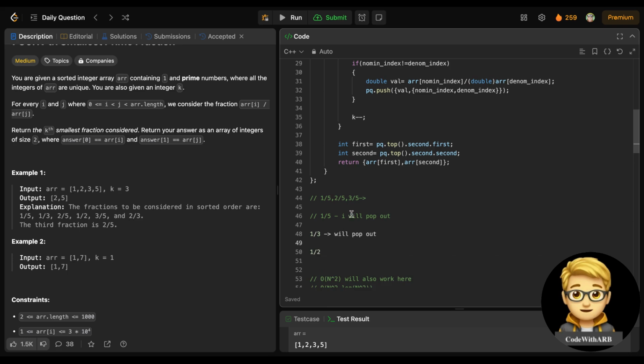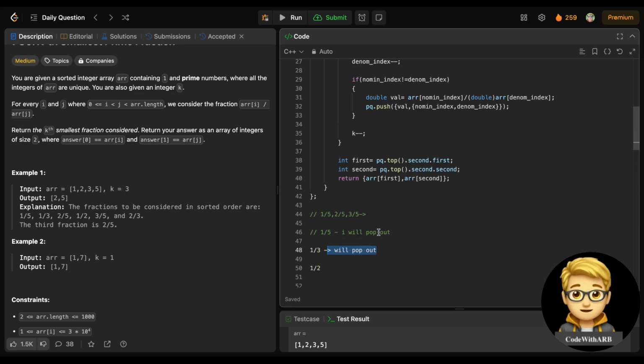So 1 by 2 and 2 by 5, which is the smallest? Yeah, 2 by 5 is the smallest, but till then k has already become 1. If you see, this 3, this 2, and after this the k has already become 1 here. So when k becomes 1, we will just pop out, and this 2 by 5 will be the answer here, right?